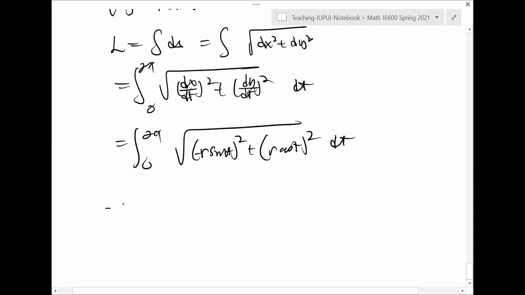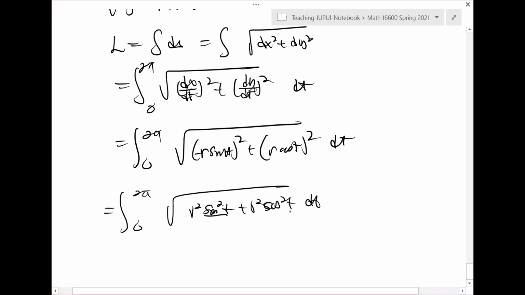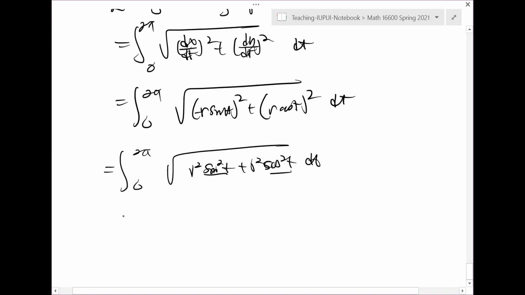Then you simplify it. So you get r squared sine squared t plus r squared cosine squared t, dt. Sine squared and cosine squared add together to be 1. And then the square root of r squared is just r. This is a constant. That's 2 pi r. So that's how to get the circumference of a circle so quickly.